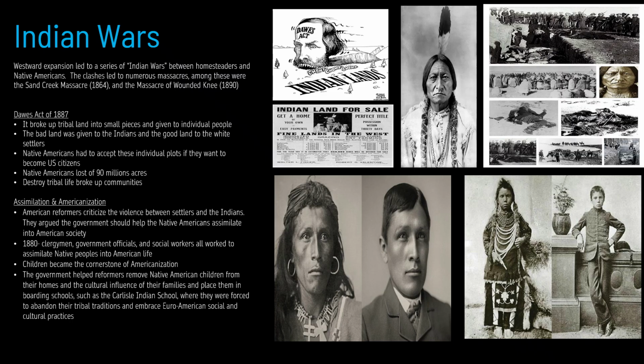And they're going to try and Americanize the Indians. And you see that down here in the two pictures of the one man who has his long hair and is dressed in his culture, and then short hair and more what would be considered an appropriate civilized look.